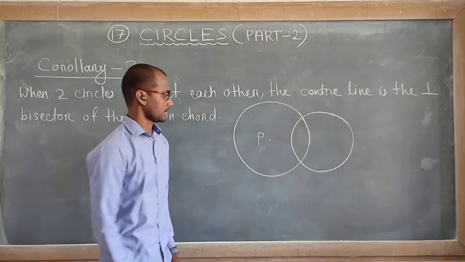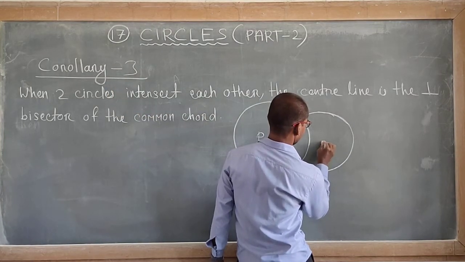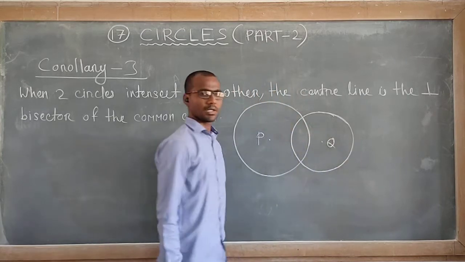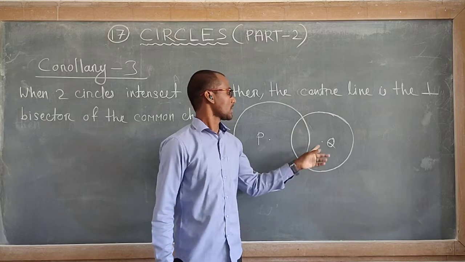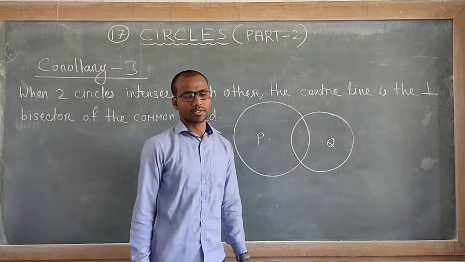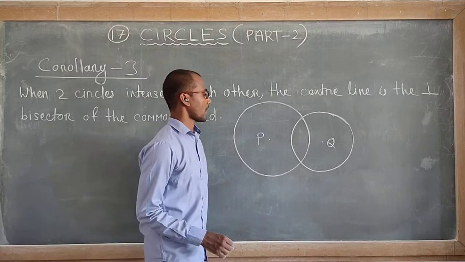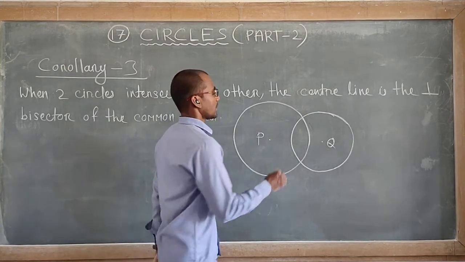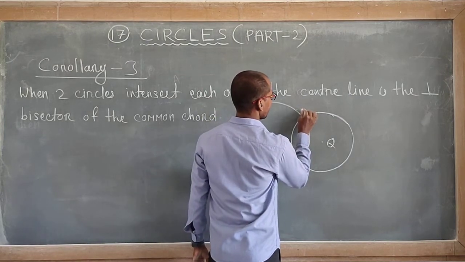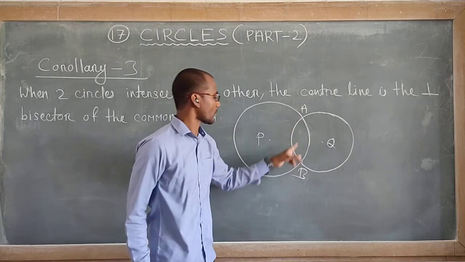Let the center be Q. P is the center of the left circle or bigger circle. Q is the center of the right circle or the smaller circle. I have taken two unequal circles. Now we can see the two circles are intersecting each other at 2 points. Let the 2 points be A and B. You can see these are the 2 points of intersection.